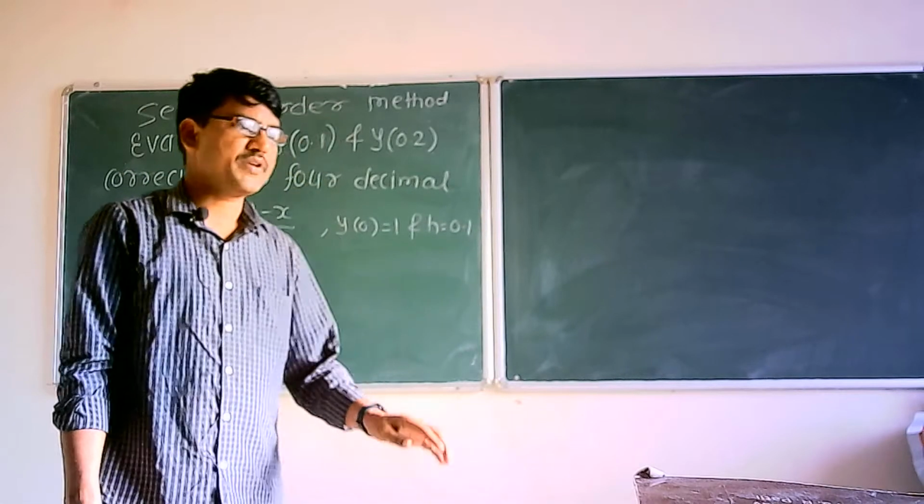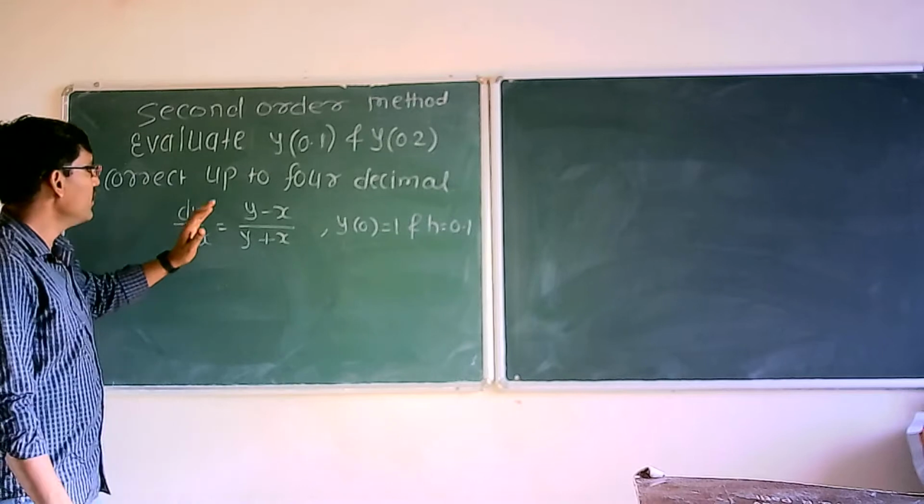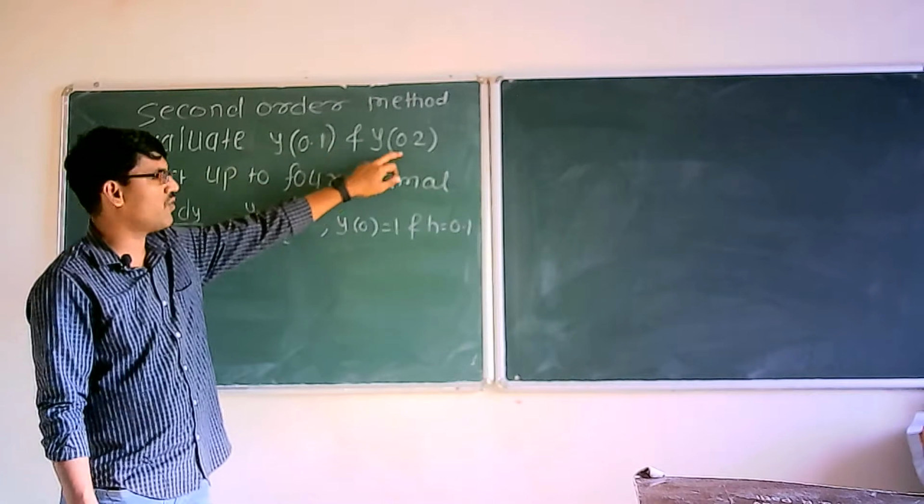So this much information is given. By using this information, we want to evaluate y of 0.1 and y of 0.2.